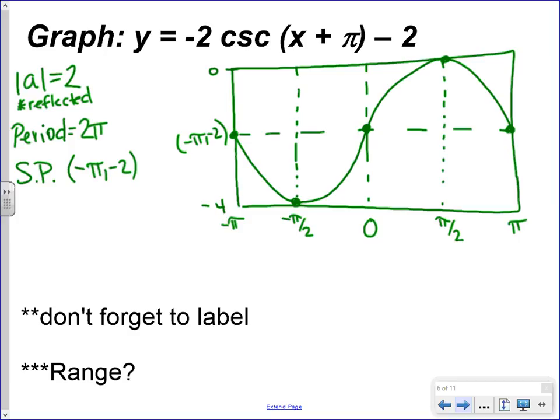So we're just going to look at wherever we have a coordinate that hits the middle of our frame. That would be where the x-axis used to be, but then we've been shifted all around. Okay, so this is where we are going to get our asymptotes.